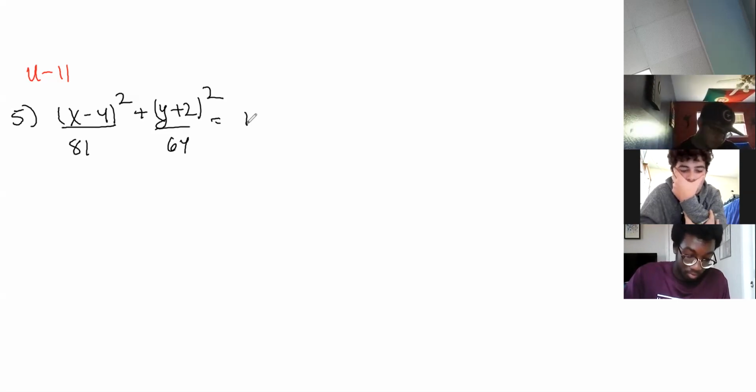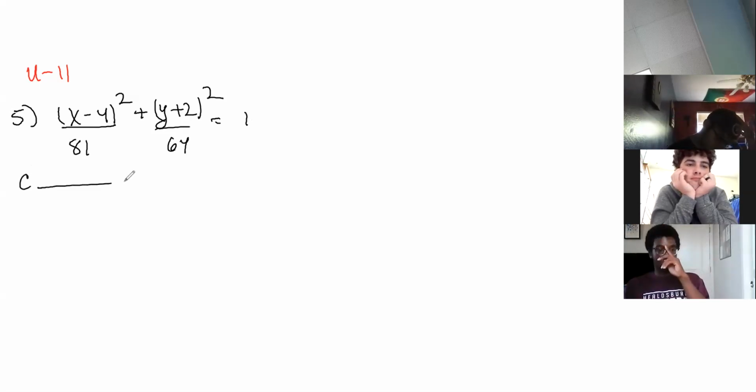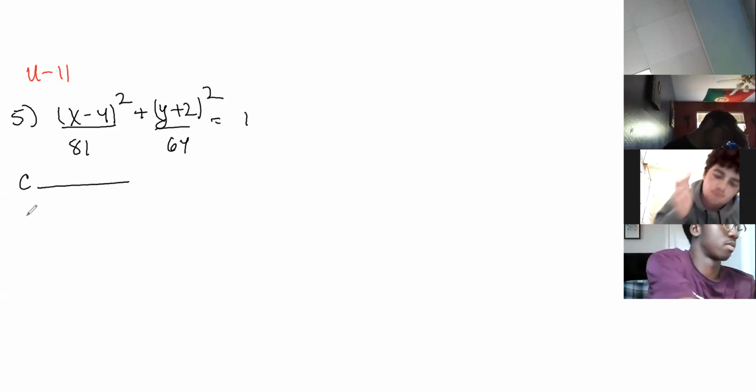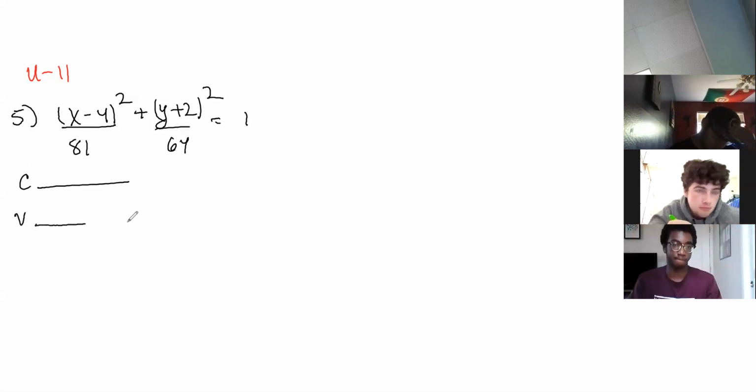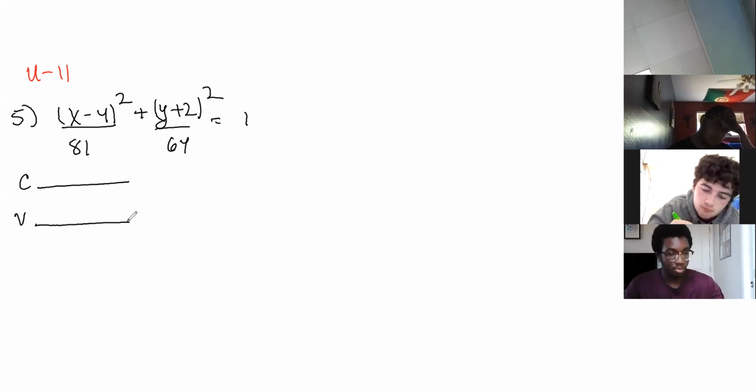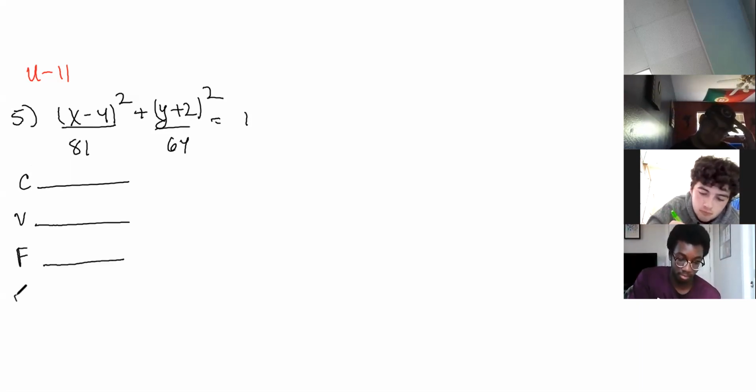Yes. Okay, so characteristics here first would of course be the center. And then we have the vertices, the foci, and the length of the major axis and the minor axis.